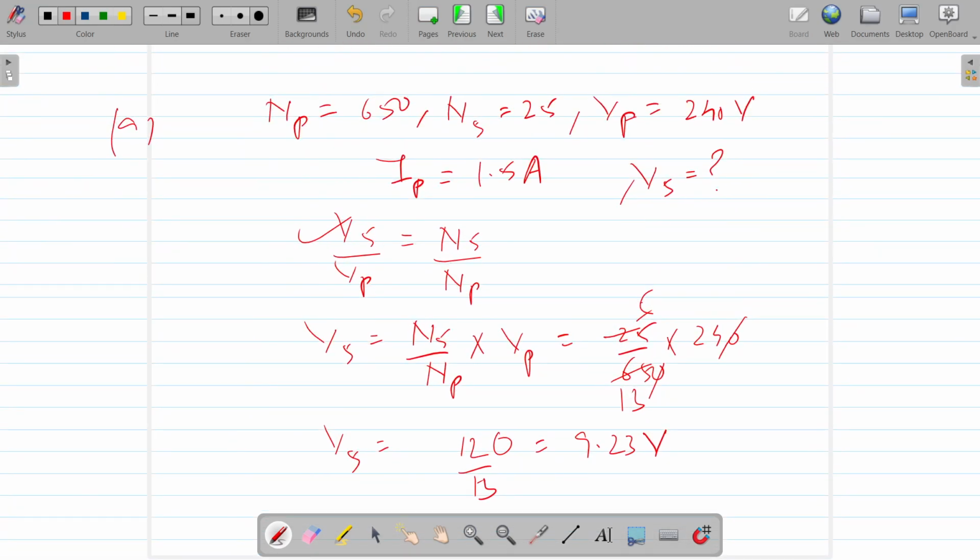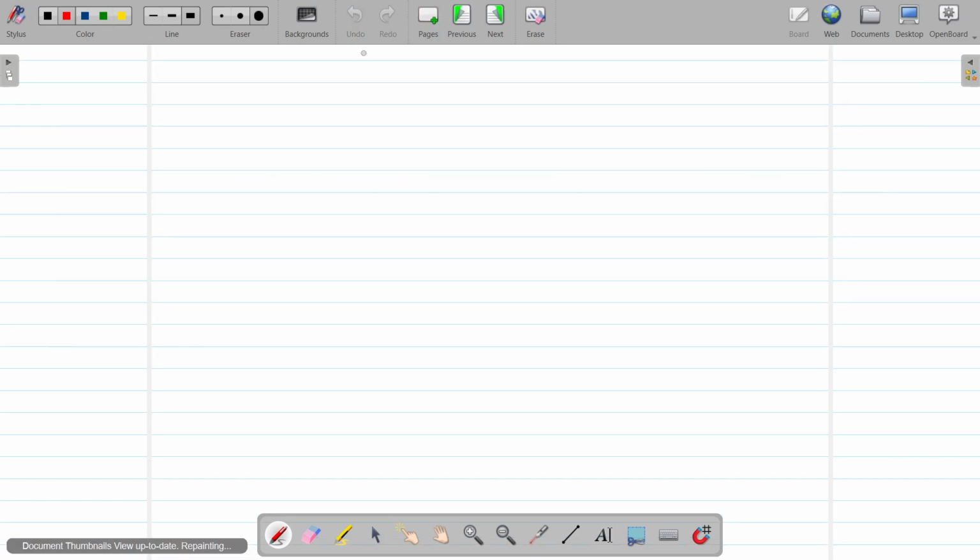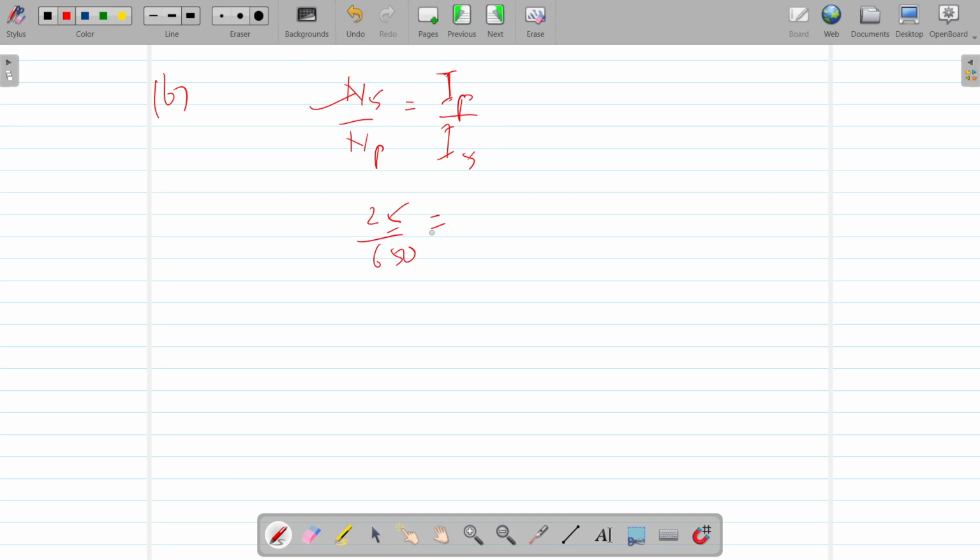Second part में क्या पूछा है, the current in the secondary coil, आपको निकालना है. We have to find the current in the secondary coil. So number of turns in secondary by number of turns in primary is related to the current inversely, so Ip by Is. Number of turns in secondary है 25, primary है 650, okay, और the current primary में है 1.5.